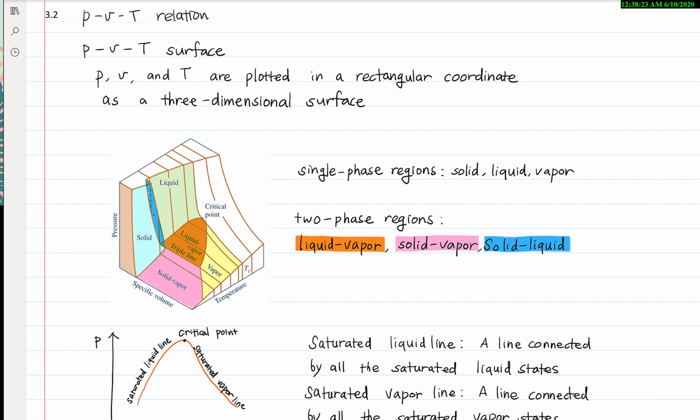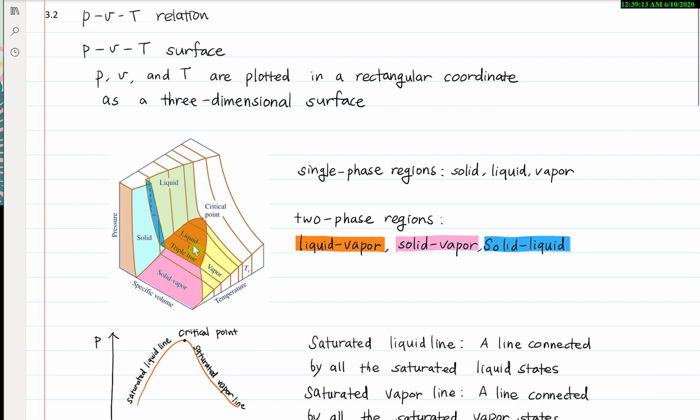Section 3.2, PVT relation. In a PVT surface, pressure, specific volume, and temperature are plotted in a rectangular coordinate as a three-dimensional surface. This is a PVT surface. There are single phase regions: solid in light blue, liquid in green, and vapor in yellow.